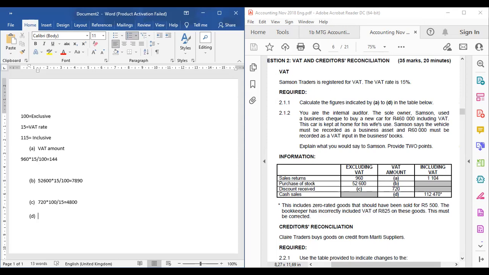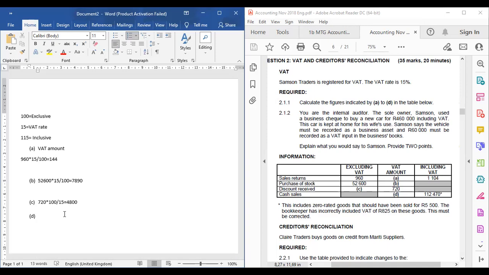So in this including VAT amount, we're going to look for the amount that's in relation to this. They're saying it should have been sold for 5,500, and the bookkeeper has incorrectly included VAT of 825 on these goods. So we're going to find the amount that was supposed to include VAT.